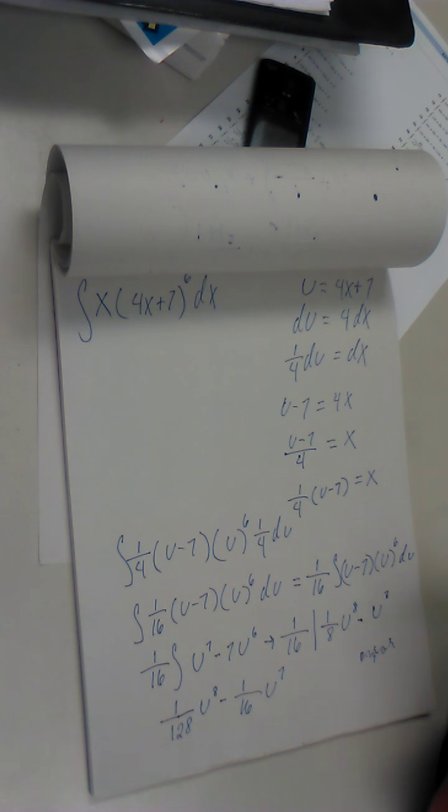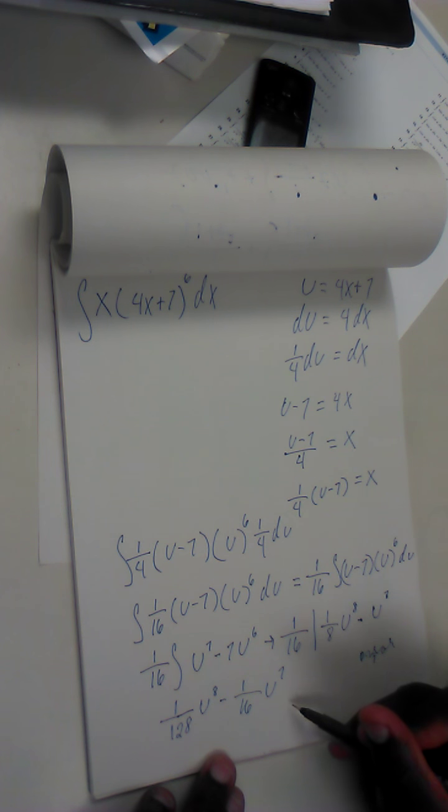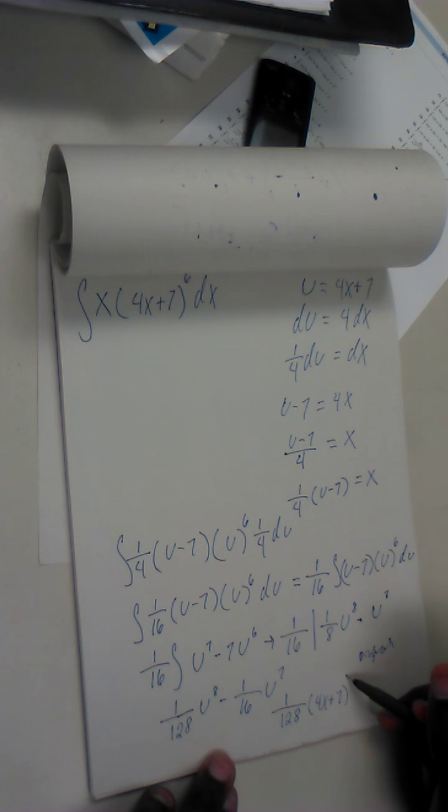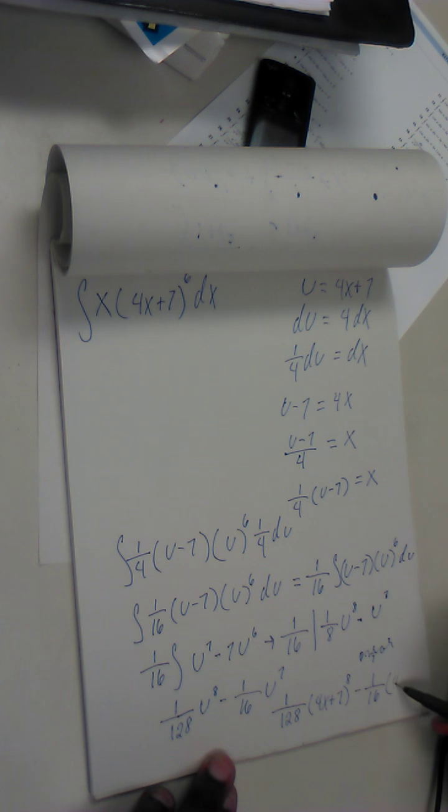And now we go ahead and plug our u back in since everything is simplified. So you're looking at 1 over 128 (4x plus 7) to the 8 minus 1/16 (4x plus 7) to the 7th, plus a constant C. And this is it.